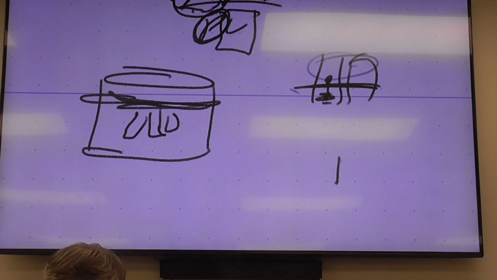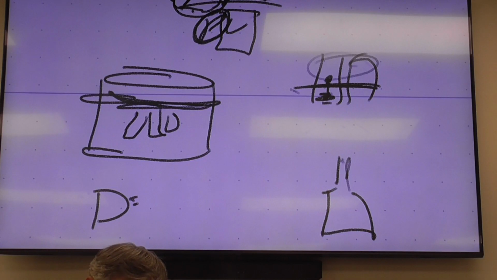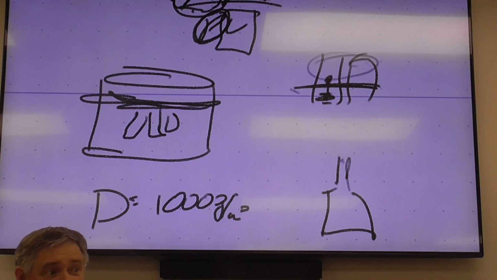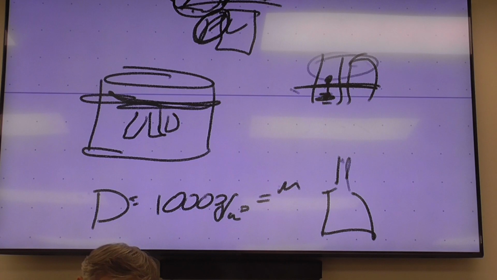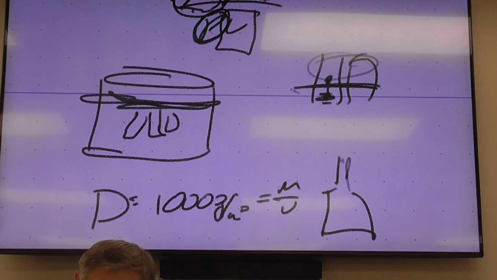So here's the basic idea: if you fill that thing up completely with water, so here's this pipette, boom, filled up completely with water, you're going to know the density of the water is, say, 1,000 grams per cubic centimeter. If you know the density of the water, and you know that's mass divided by volume, and you can find the mass of the water inside the pipette, then you can find the volume of the pipette.